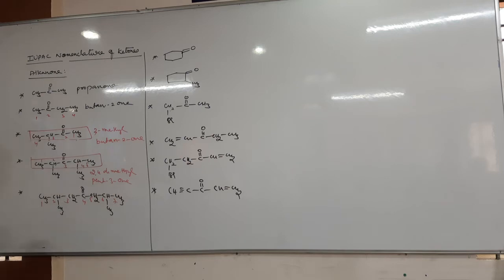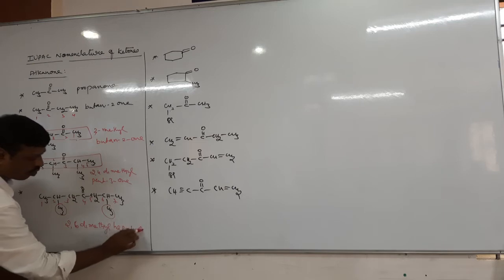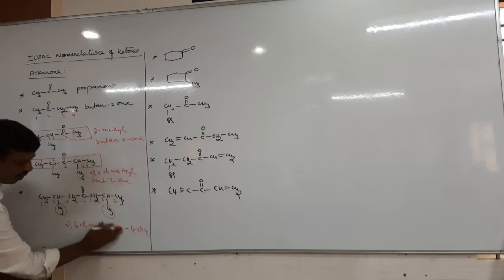Okay, next again, the methyl groups are on the second carbon and the 6th carbon, 2 comma 6 dimethyl. Tell me, hept which one? 4. It is heptane.